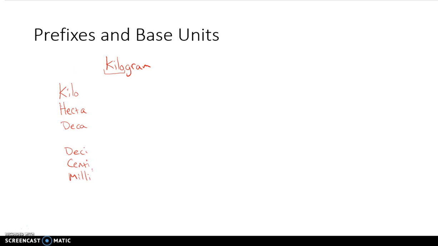All of these are prefixes that can be attached to a base unit. So the base units, we use 3 common ones in science class. We use a base unit of meter, gram, or liter.